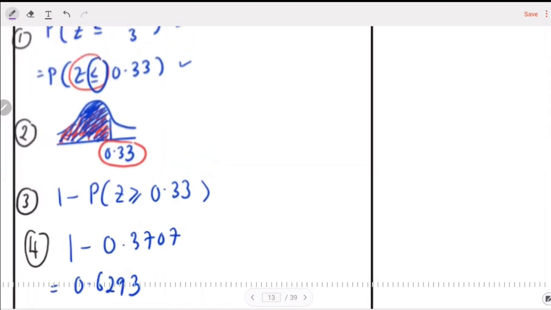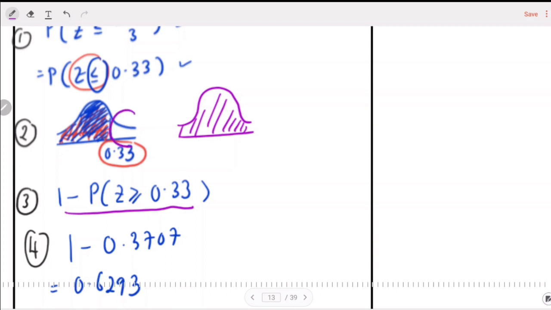So if you wonder why we need to put it 1 minus probability z greater than equal to 0.33, 1 means the total area under the bell shape. And we don't want this part here, which is the area for z greater than 0.33. That's why we need to put it minus here.